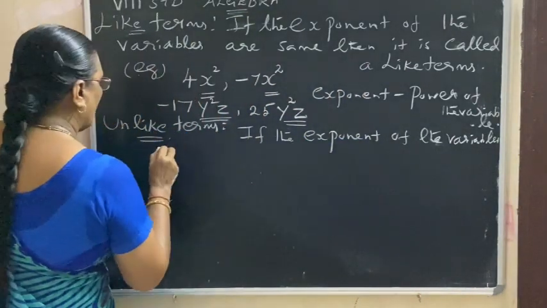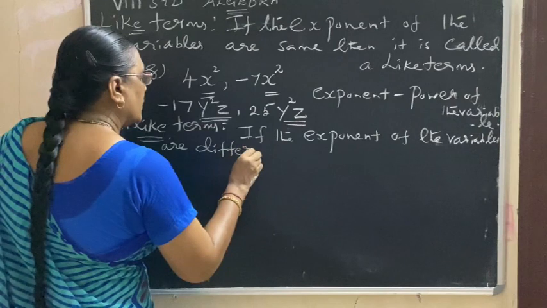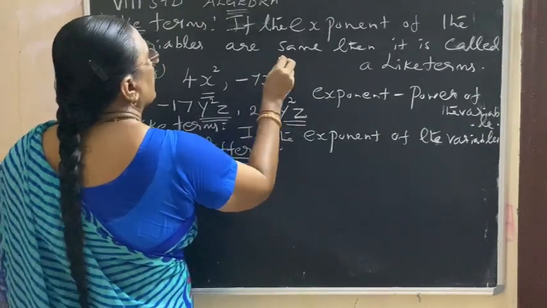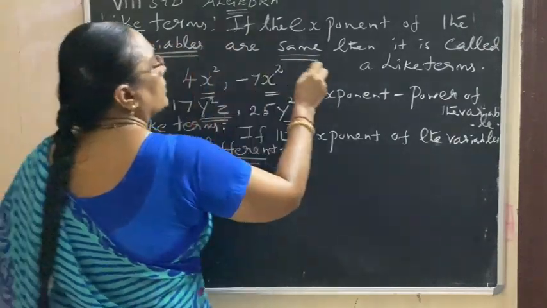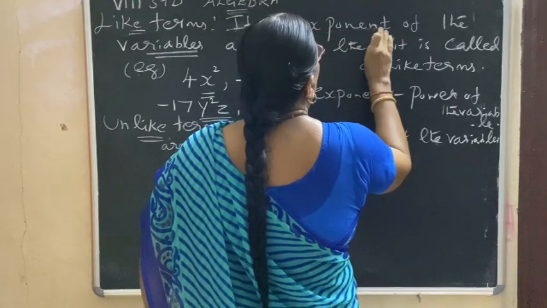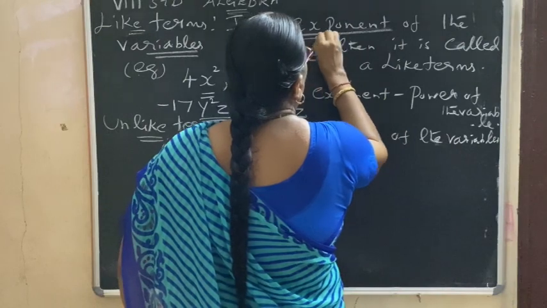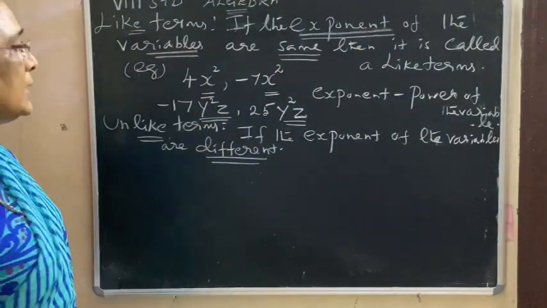If the exponents of the variables are the same, then we call that a like term.